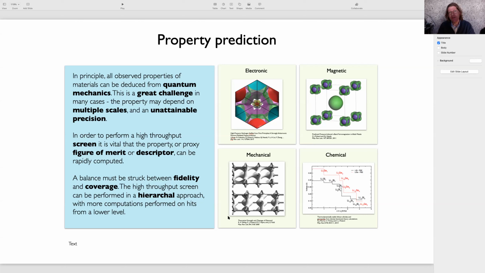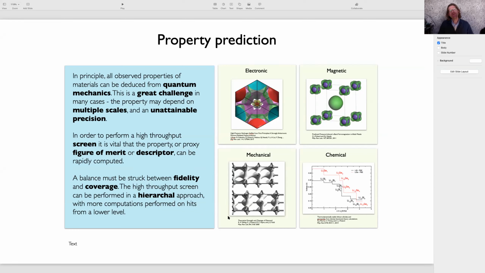So if you're doing a high throughput sweep or search for a new material with a particular property, it's not necessarily sensible to just try and compute your properties as accurately as possible from first principles, because in that case you might not perform very many calculations. It might be so difficult that you only calculate it for one structure, and so you've had no chance to explore the other possibilities.